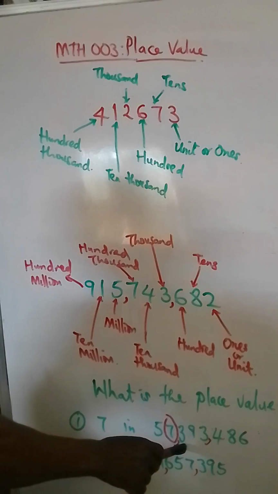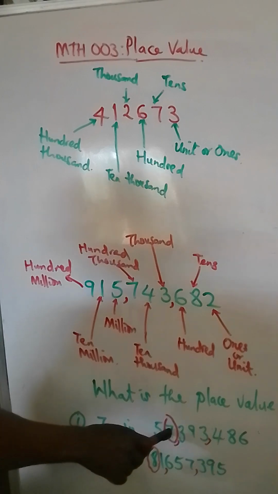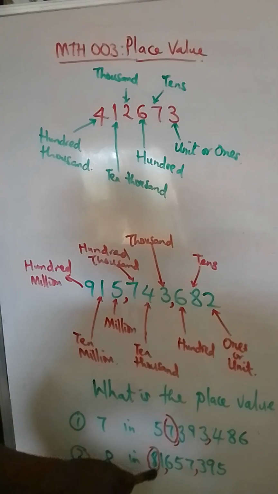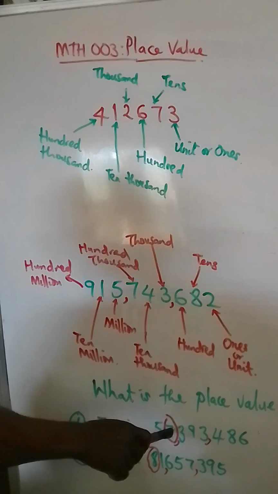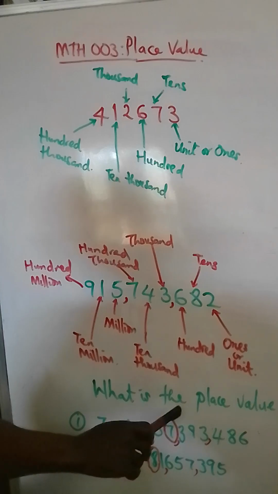The place value of the second 3 that I have in this number is 100,000. And the place value of 7 here is, what is that? Million. After 100,000, what you have is million. So just write simply, the place value of 7 here is million.